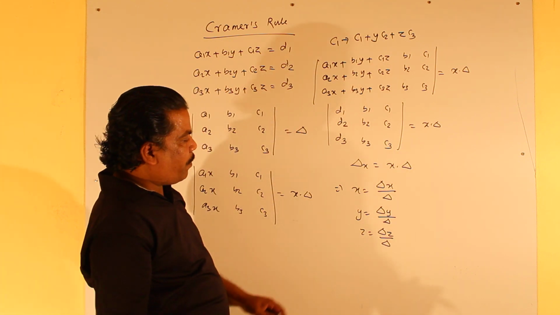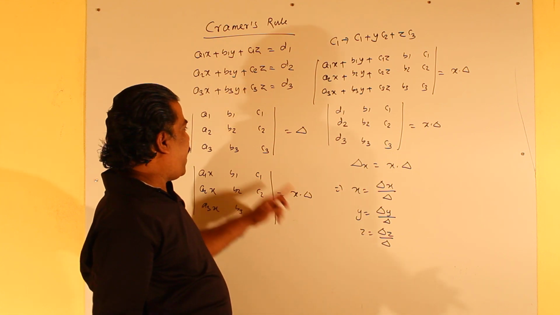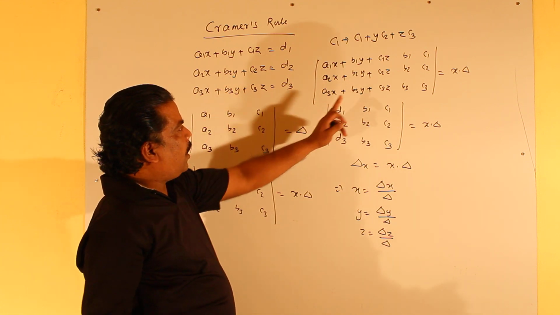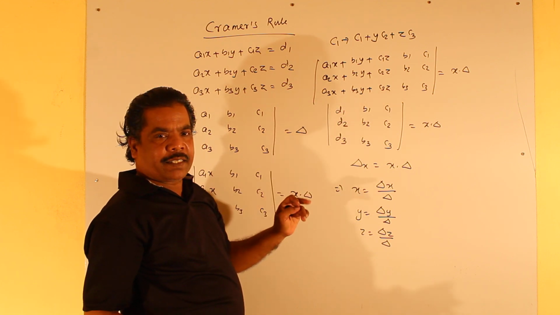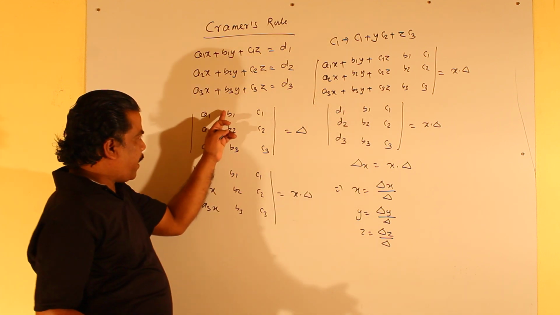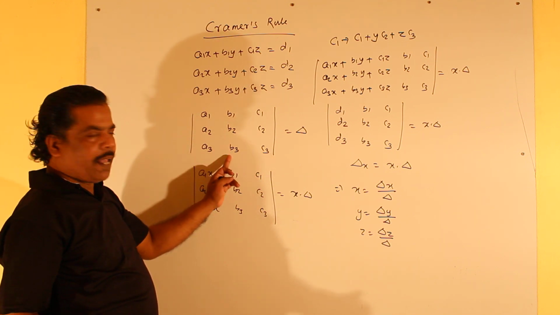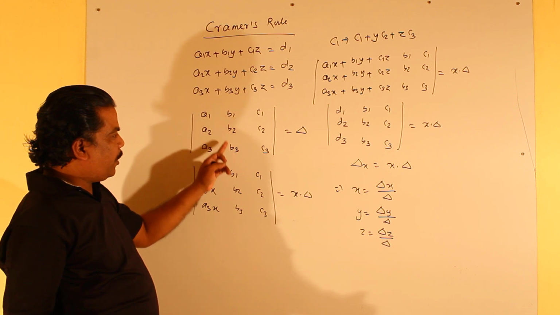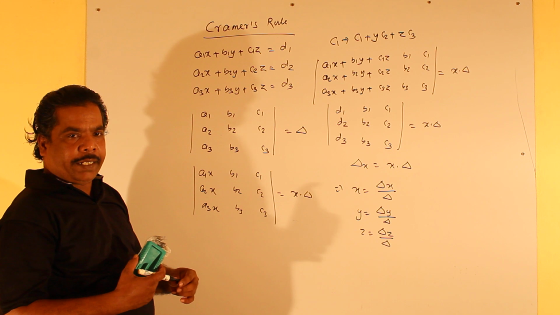In this way, we find the values of x, y and z. By replacing column 1 with d1, d2, d3, we find delta x. Similarly, by replacing column 2, we have delta y, and similarly delta z.